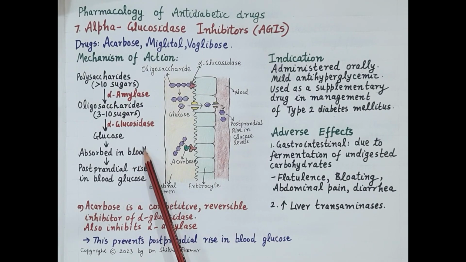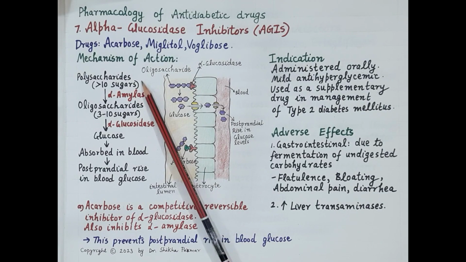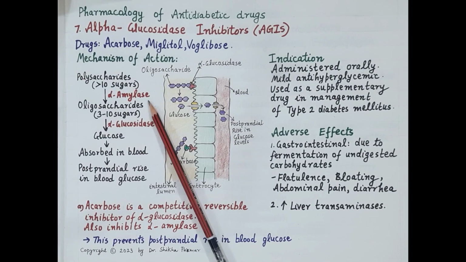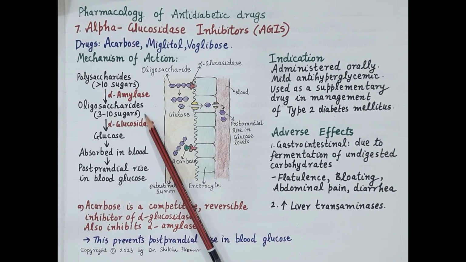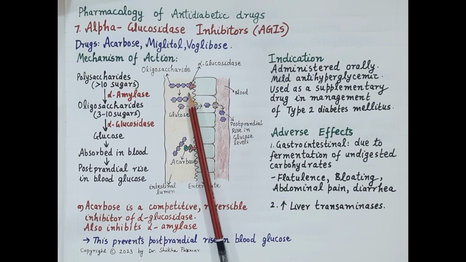Now, look at this schematic diagram. Carbohydrates like starch in the diet are polysaccharides made up of more than 10 sugar molecules. These polysaccharides are broken down by the enzyme alpha amylase to short polysaccharides made up of 3 to 10 sugar molecules, called oligosaccharides. Now, look here. This is an oligosaccharide made up of 4 sugar molecules.